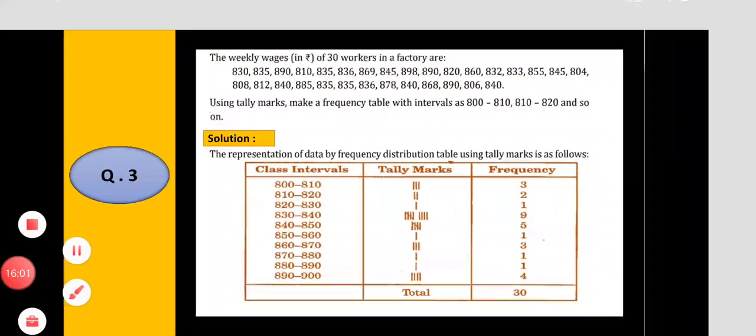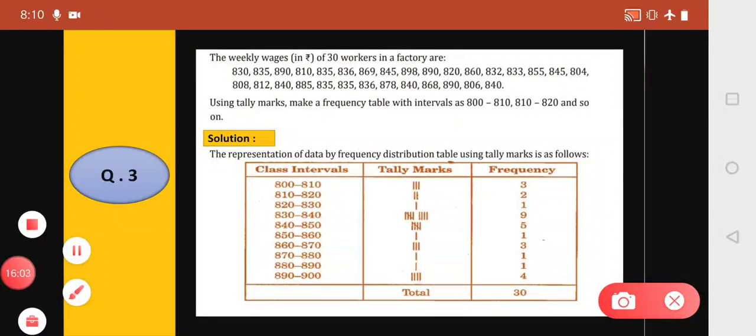Next class interval, that is 840 to 850. Let's start watching 840 to 850, so it will be 845, then 845 again, then 840, again 840.